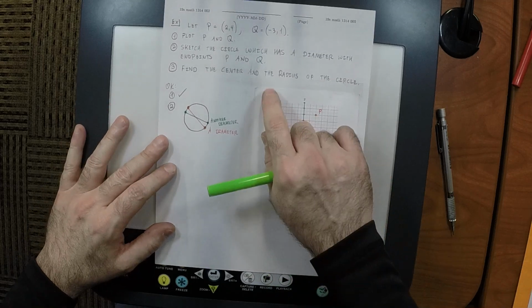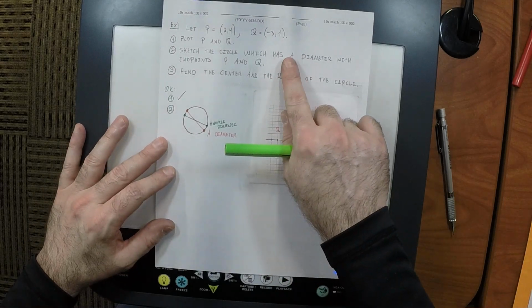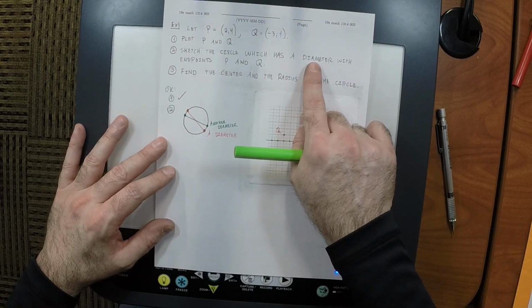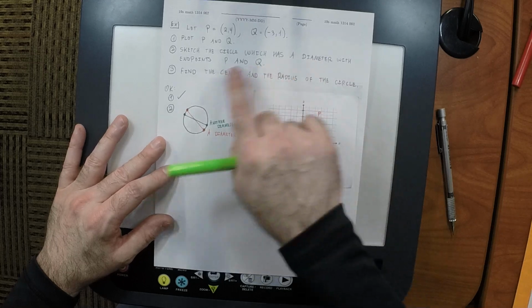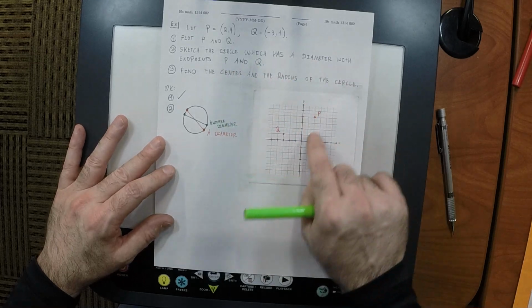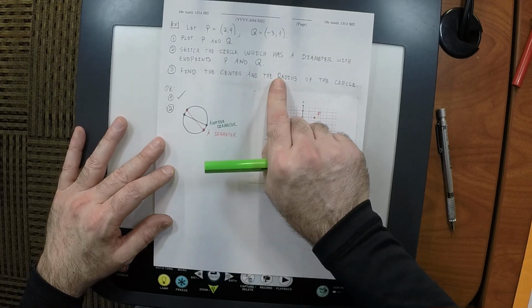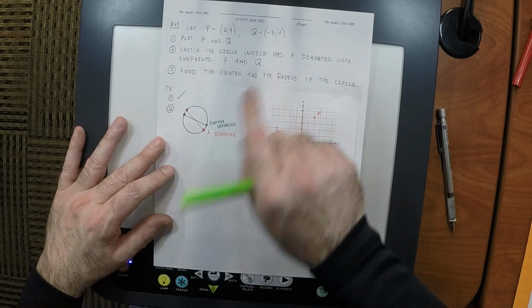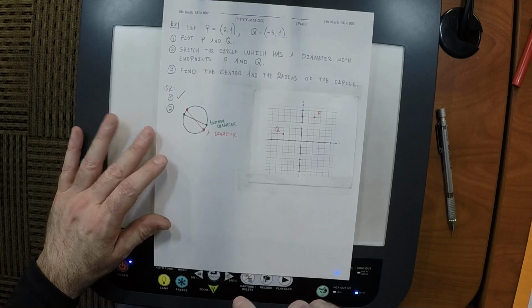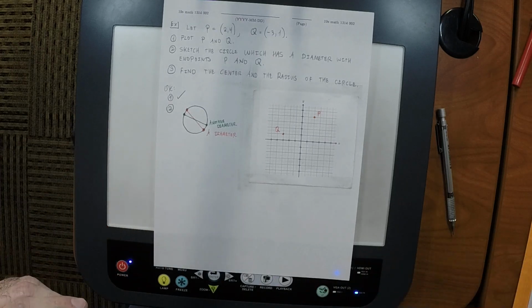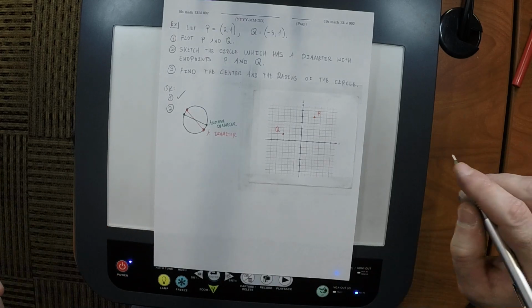So I say which has a diameter with endpoints P and Q. I mean a circle that's going like that. But then I ask for the radius, which means that I'm asking for a number.